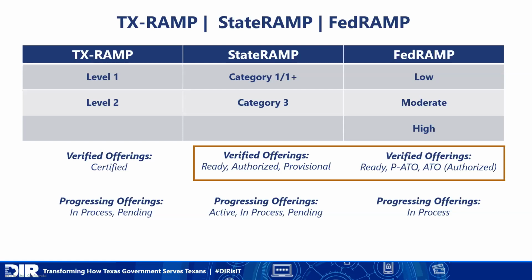So we've gone through and mapped the StateRAMP authorized vendors list and the FedRAMP marketplace to the StateRAMP levels, and we will have those certified whenever we open it up for everybody to view. So those ones will be on there automatically. And again, if your vendors are seeking authorization status through either of these programs, we will certify them under StateRAMP for the corresponding level of certification.